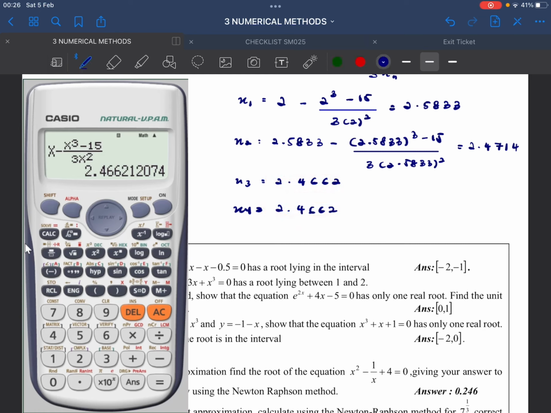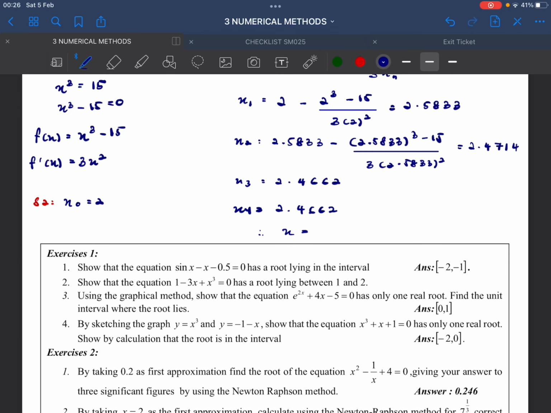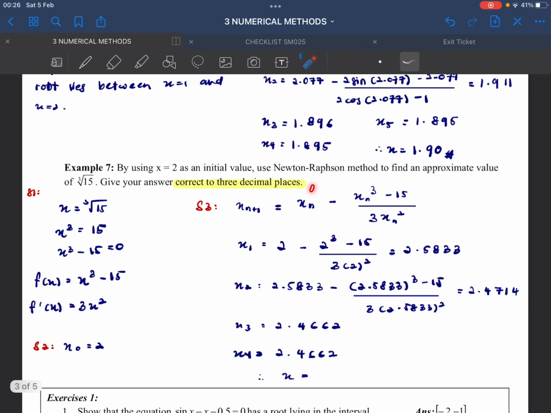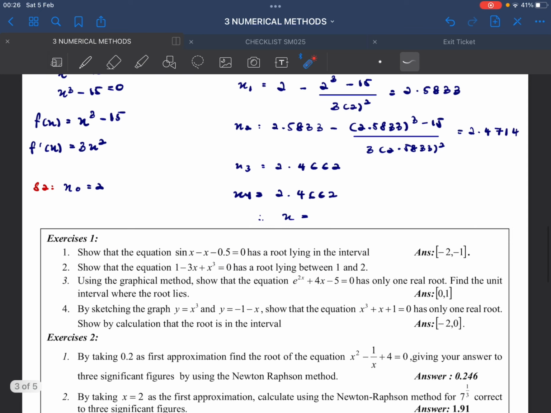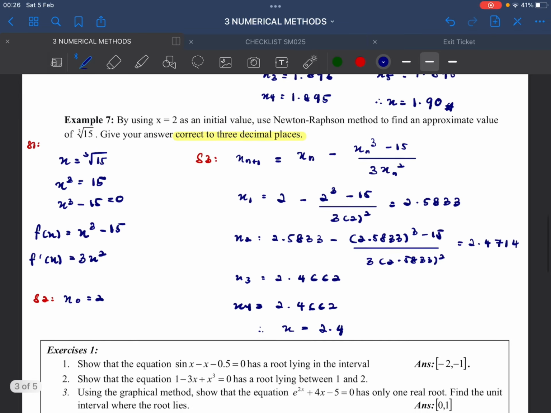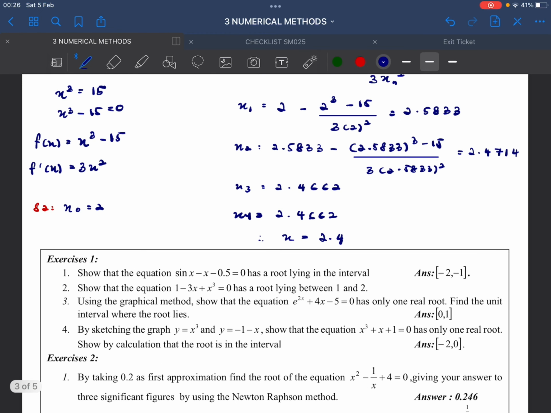So we can write the final answer. Make sure don't forget to write your final answer. The question asked correct to 3 decimal places. So we have 2.466. Okay, so that is going to be your final answer.